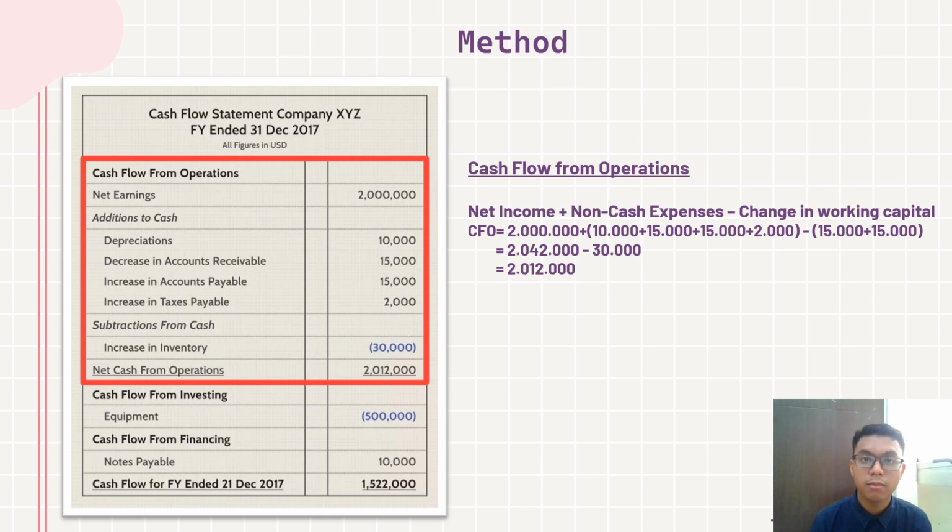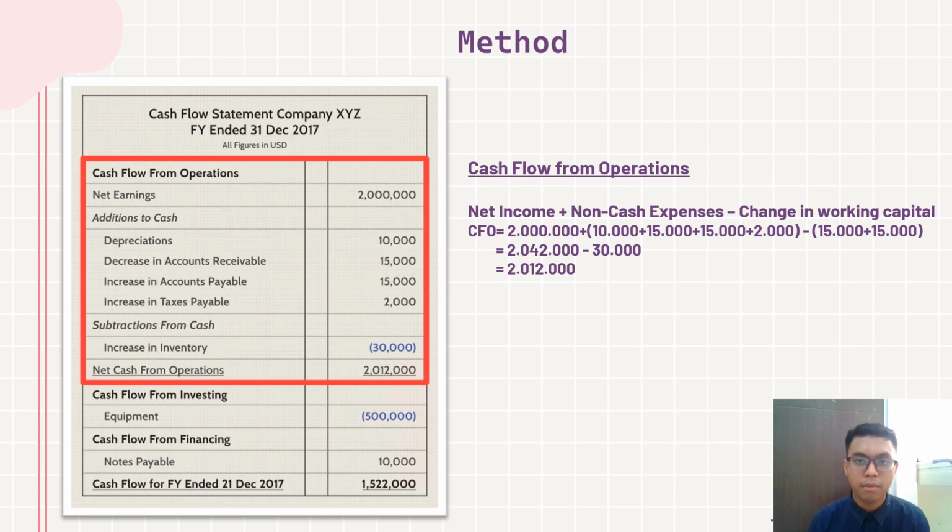Cash flow from operation equals net income plus non-cash expenses minus change in working capital. On this statement, non-cash expenses are depreciation, accounts receivable, accounts payable, and taxes payable. Then the change in working capital is the increase of inventory. So we can add to the formula.